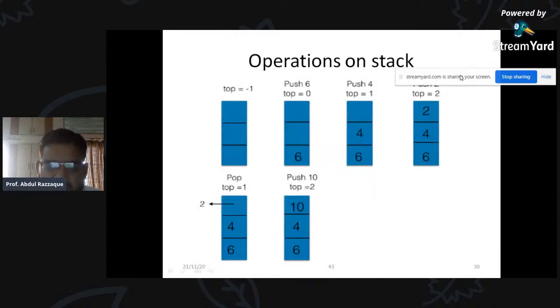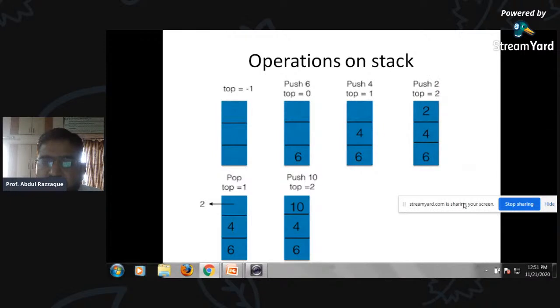So here is some example. So top is what? Initially minus 1. Minus 1 means what? Stack is empty. Okay. Why is it not 0? Because if the index of the array is 0, it is the index of the first element, meaning one element is there in the list.